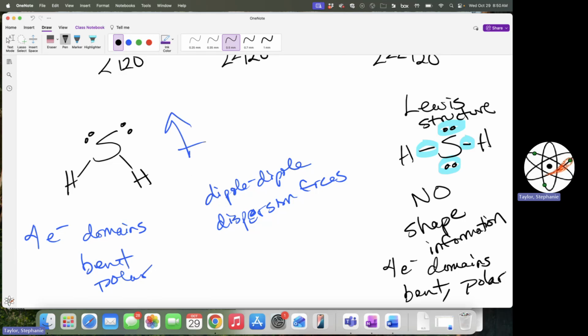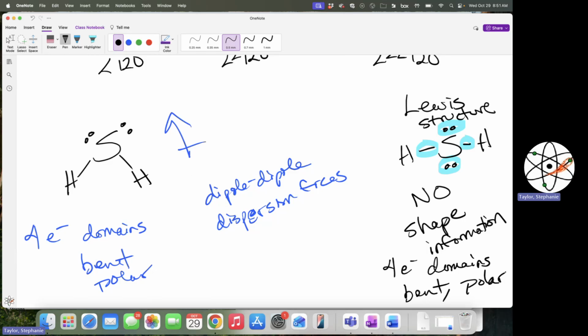So that would be my personal strategy at this point, is to just draw the Lewis structure, but tell myself that the Lewis structure doesn't give me any information about shape. So I'm going to draw the Lewis structure, count the electron domains, and rely on my knowledge of electron domain geometry and molecular geometry just based on how many lone pairs are on the central atom and how many electron domains I have.